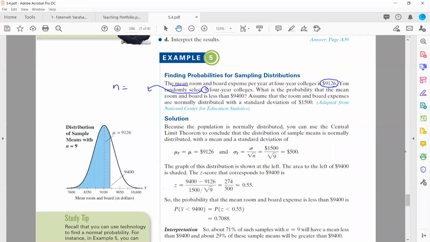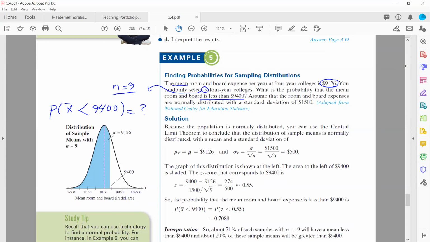N is given. 9 four-year colleges. What is the probability that the mean room and board is less than $9,400? So our goal is to find this probability. The mean is less than $9,400.